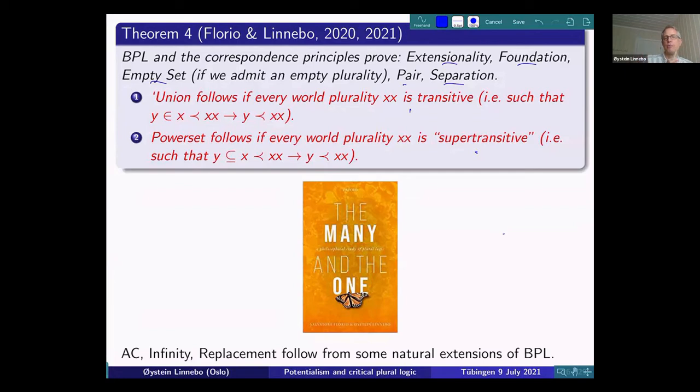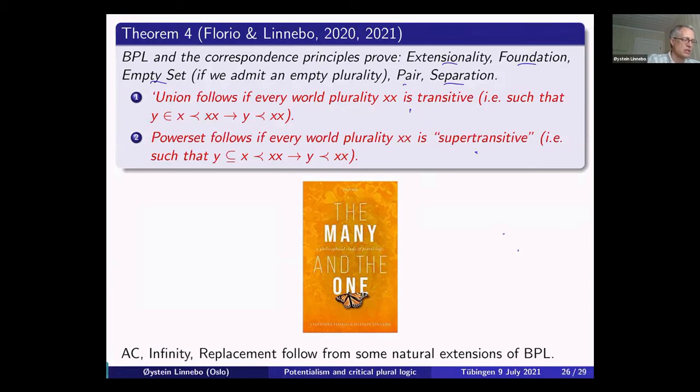So the idea here being that if you formed one set that is present at one world, you also have the resources to form every subset of that set. So those two are at that world. That means supertransitive. And then you can prove union and power set. So now you're really getting somewhere.